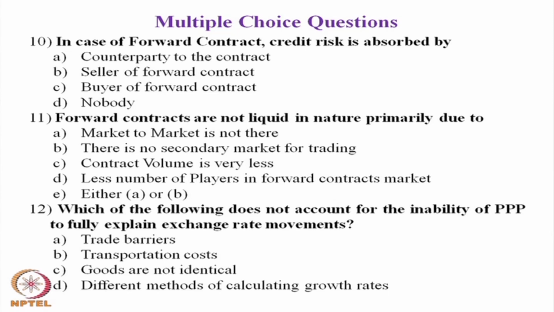The answers are for you: A, trade barrier, B, transportation cost, C, goods are not identical, D, different method of calculating growth rate. Mark the answer, keep it with you.